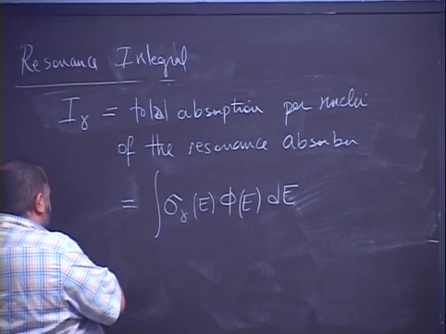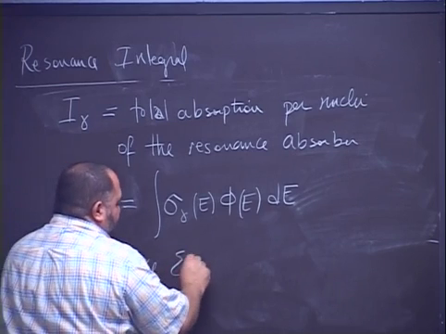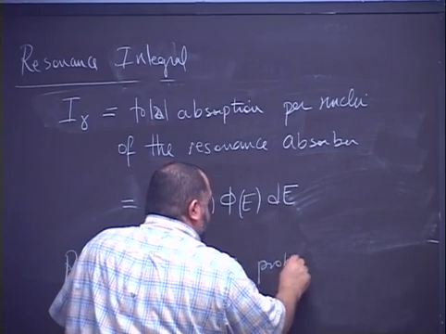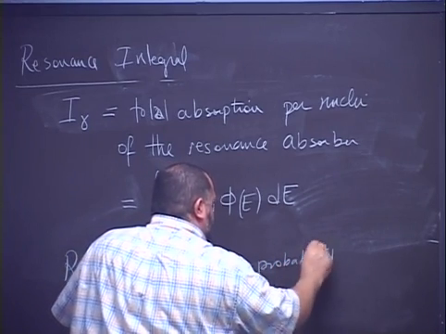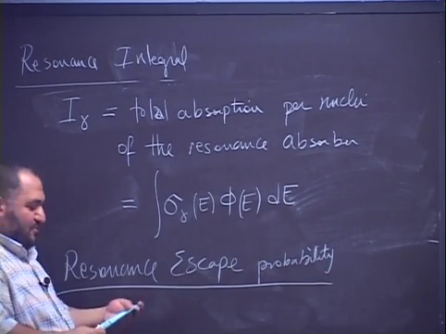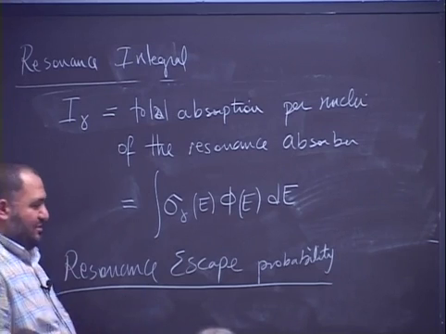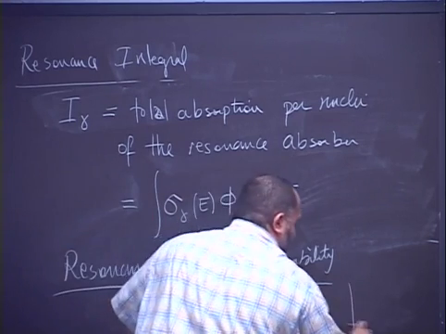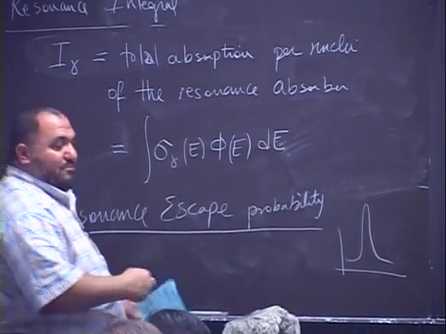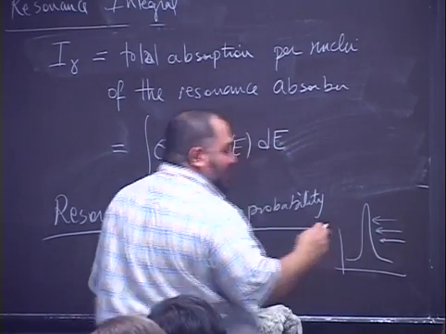Then let's look at the resonance escape probability. So we have to do a balance between absorption and moderation in one single resonance. So if we have a single resonance like this, we have to do a balance between absorption and moderation. So let's say whatever comes to you here will be what?